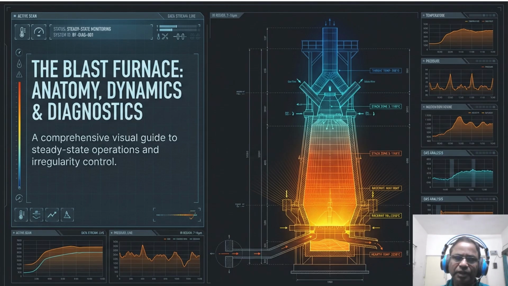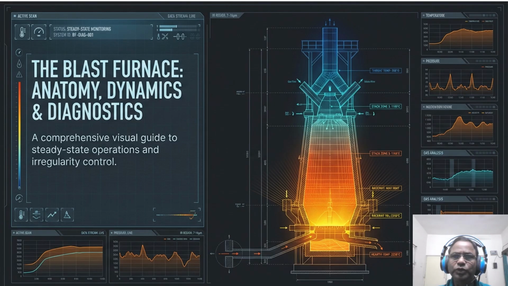As you must be knowing, these two parameters or these two activities are most important in order to run the blast furnaces in a stable manner and to obtain our basic objective of low cost hot metal.